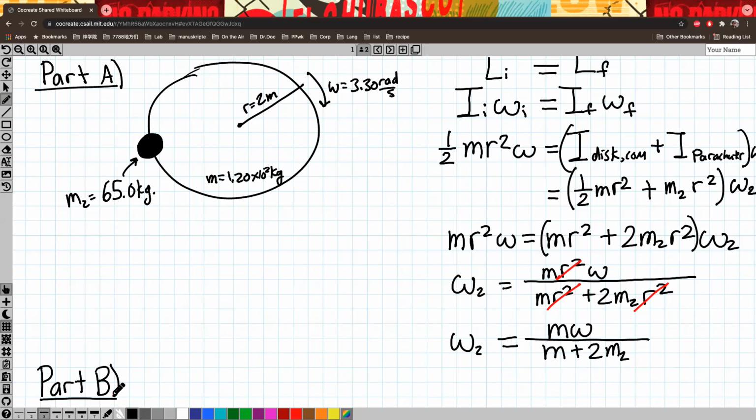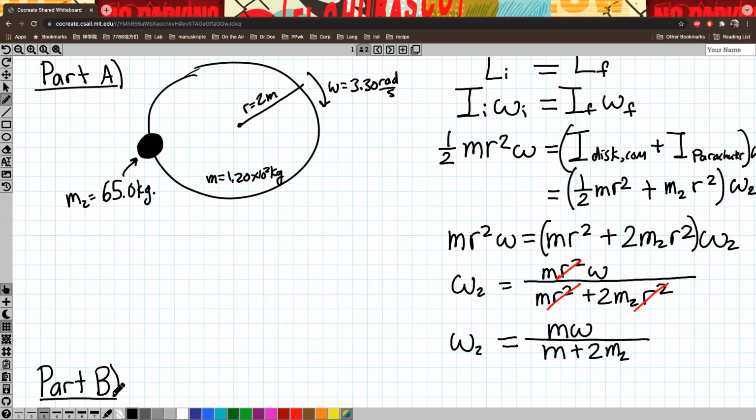Did you want me to type it in my calculator too? Yeah, go ahead. Okay. All right. So mass 1 so it's 120 kilograms, 120 times 3.3 divided by 120 plus 2 times 65.